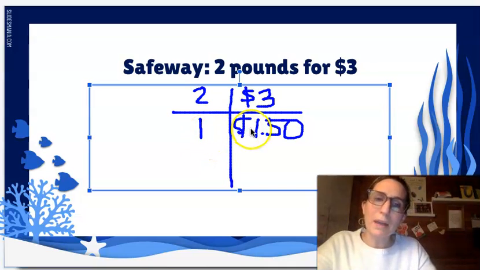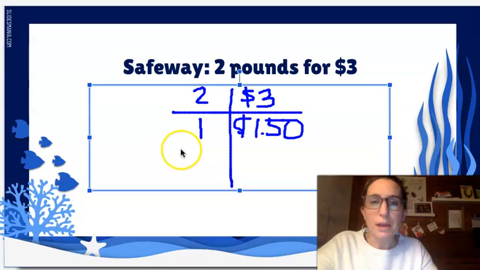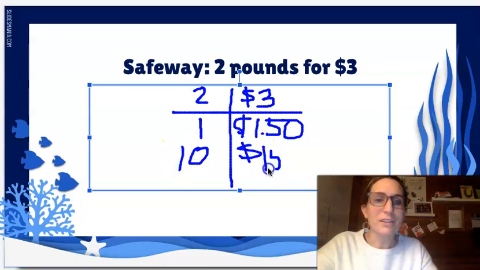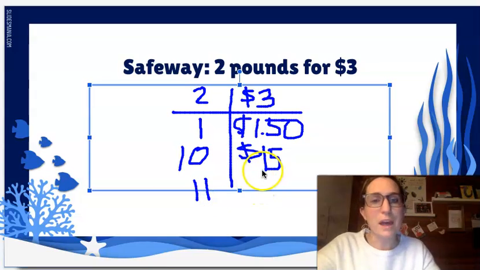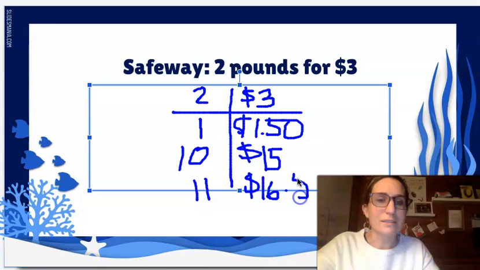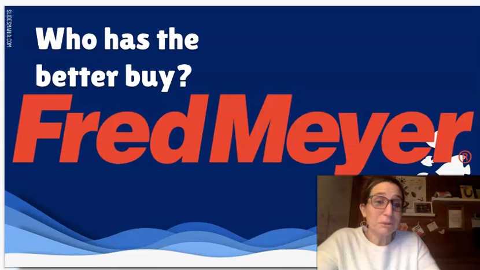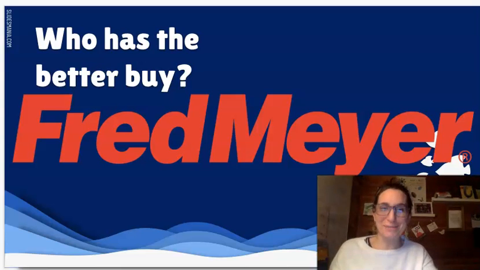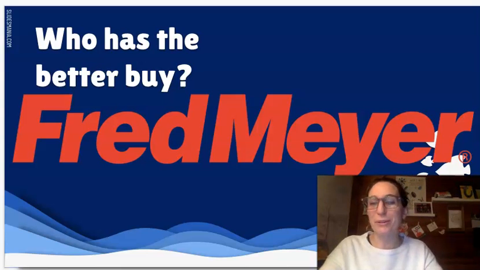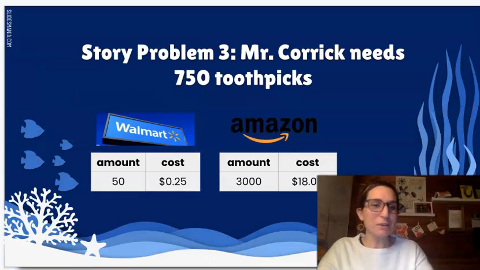So I know that 1 pound is $1.50, so 10 pounds is $15, right? 10 times bigger, move the decimal 1 place over, and I could put these together and I have 11 pounds is $16.50. So I'd really want to go to Fred Meyer, wouldn't I? No, that's not an advertisement for Fred Meyer, but that's where I went to buy my granola for my granola bars.